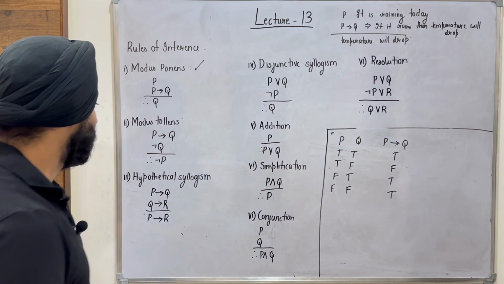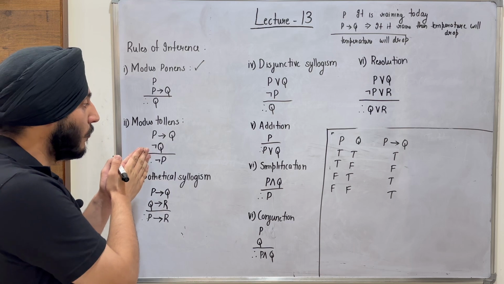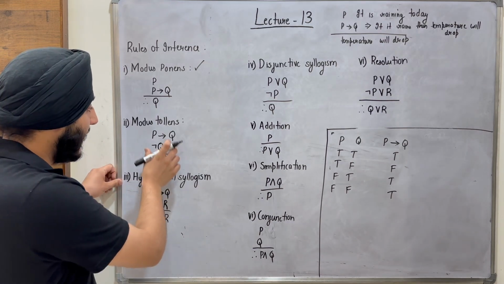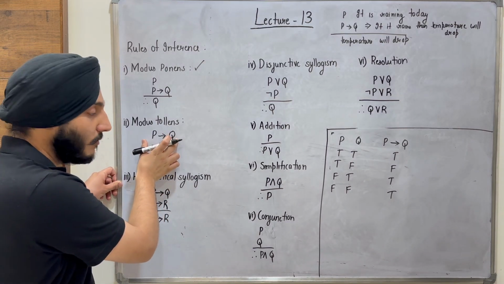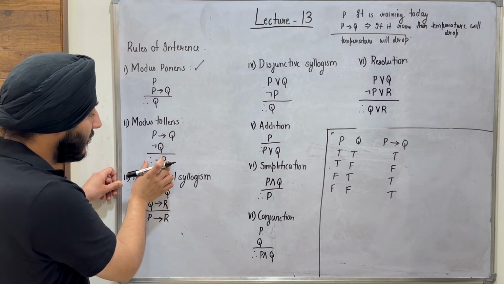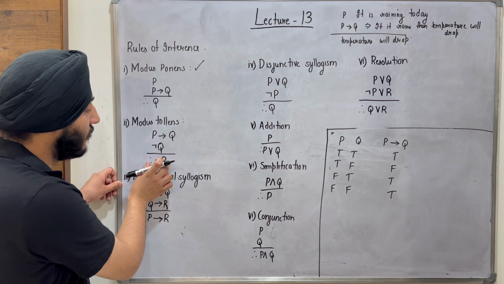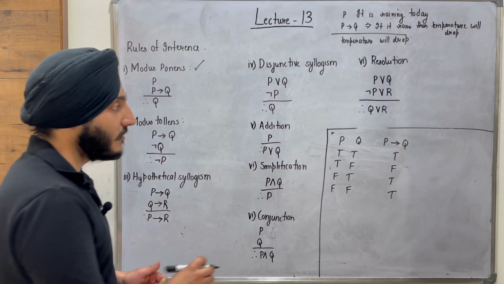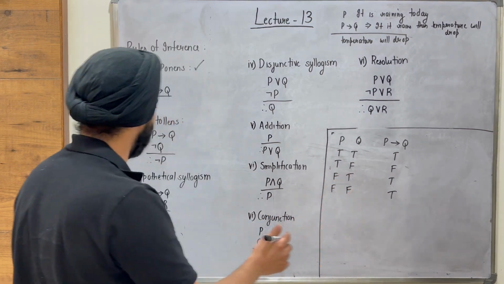Okay, so try to understand what the representation means, right? I'm saying if P then Q is true and negation of Q is also true, then that implies that negation of P is true, right? Let's try to understand this with the truth table that we have.